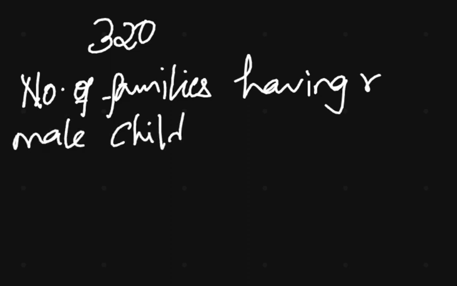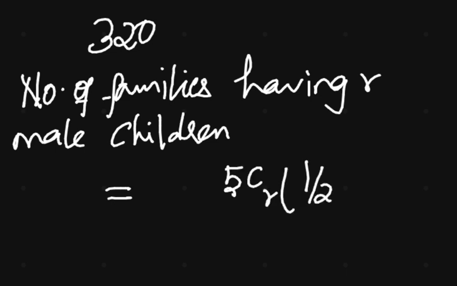The number of families having r male children is equal to the probability, which is 5Cr (1/2)^r (1/2)^(n-r).